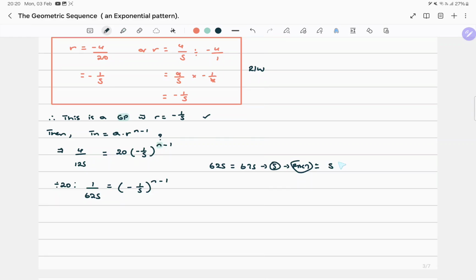So this one is actually 5 to the exponent 4. Okay, that's good. So this implies that we have 1 over 5 to the exponent 4.